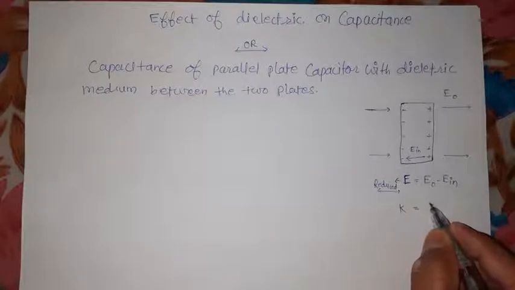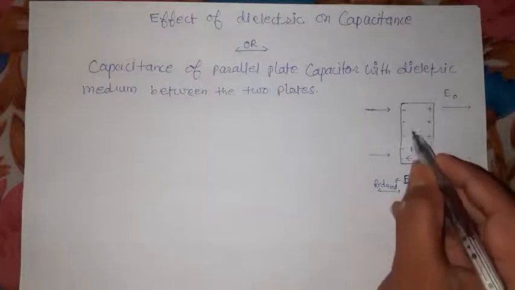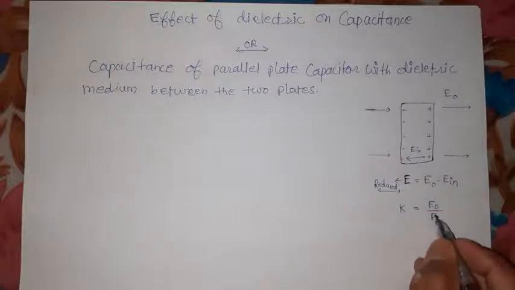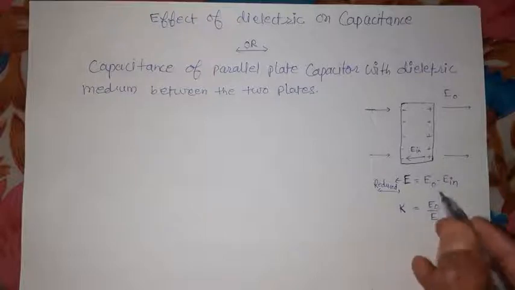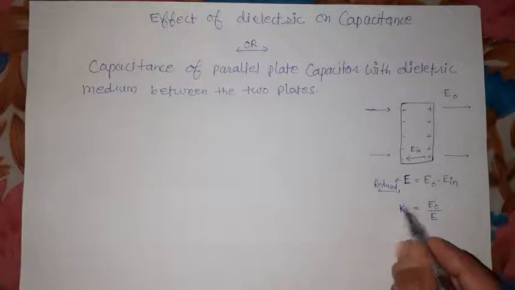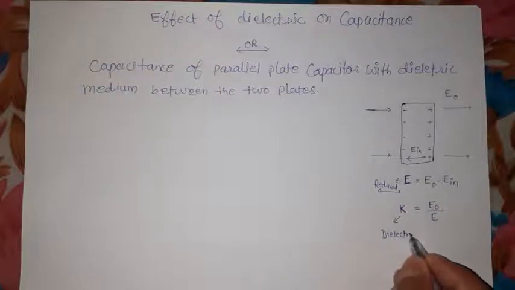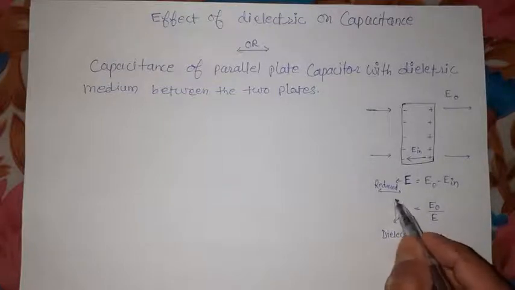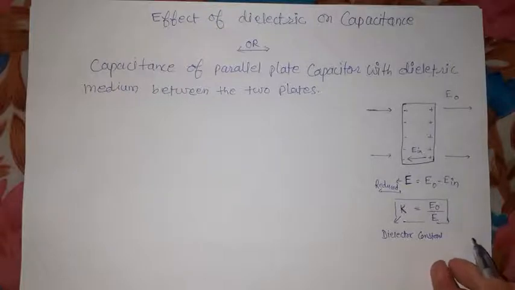The external field was E naught, and the reduced field inside the dielectric becomes E. The ratio of these gives the constant value by which the field gets reduced. We call this K the dielectric constant. We did this in our previous videos regarding the dielectric medium.